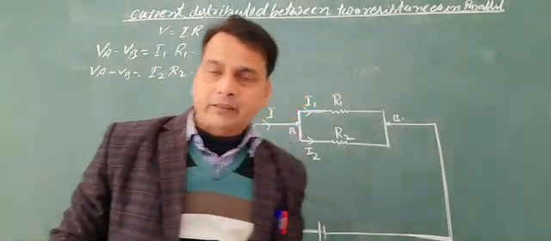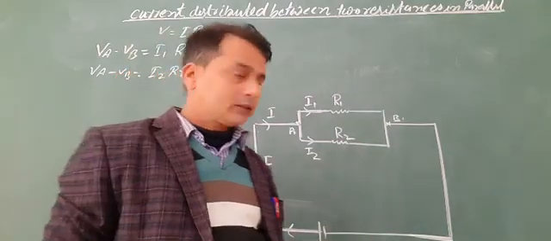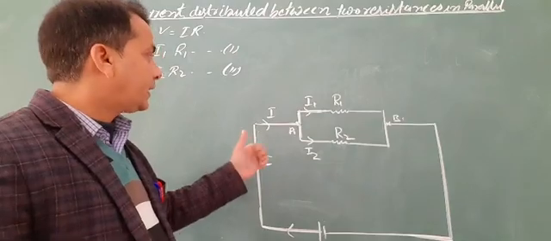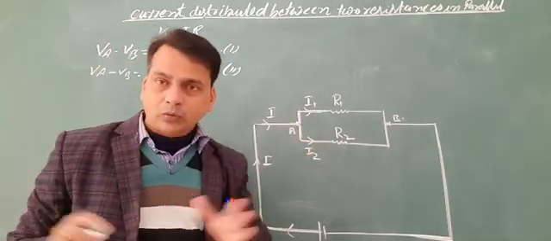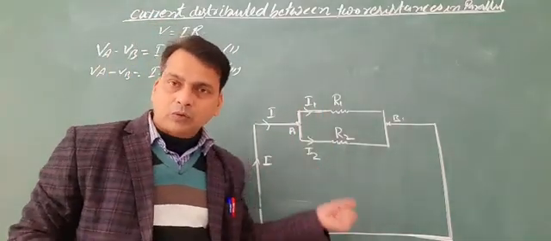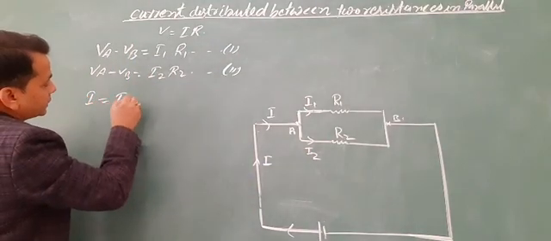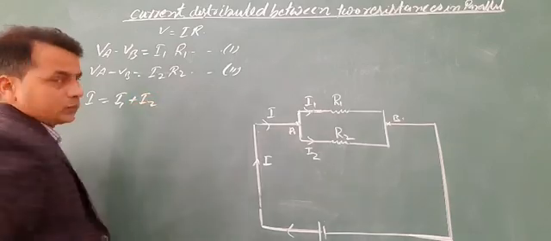Suppose that is the second equation. In this circuit, the total or net current I divides into current I1 and I2. So the net current I equals I1 plus I2.